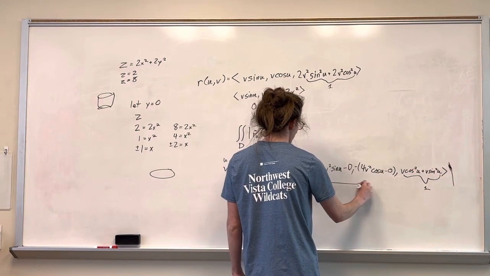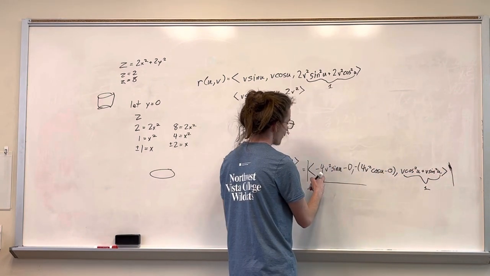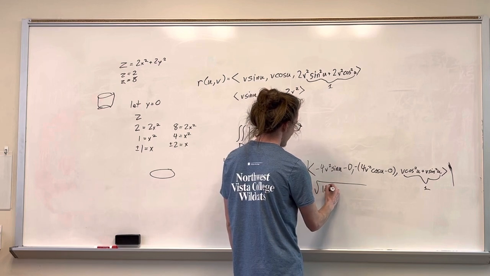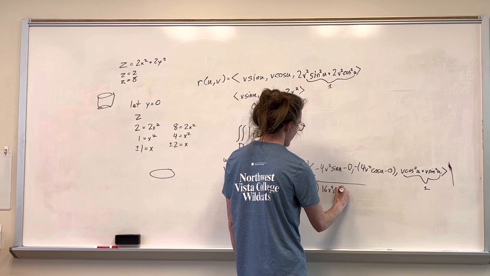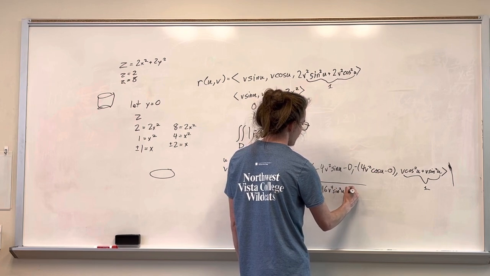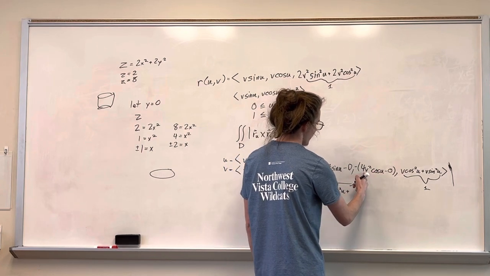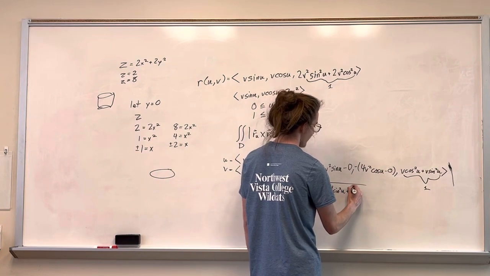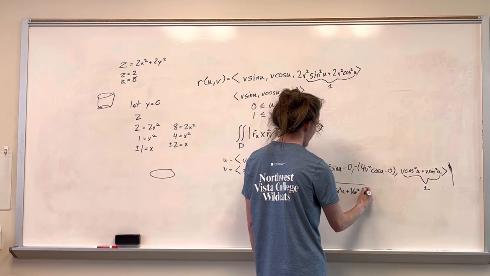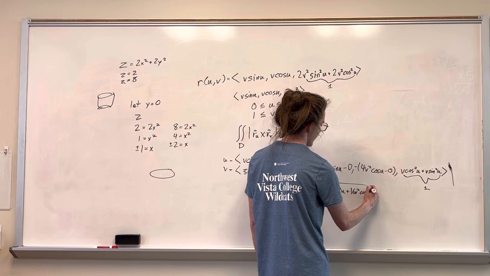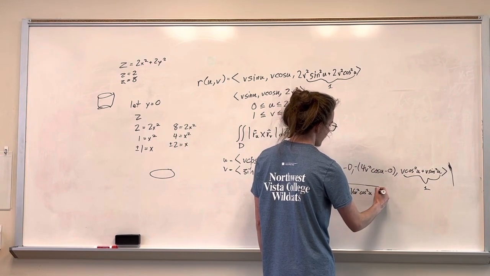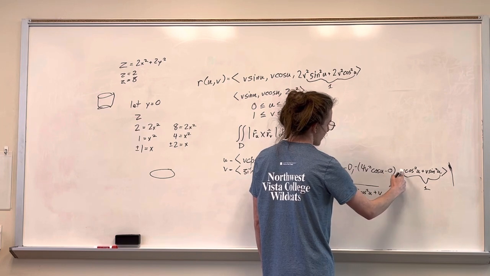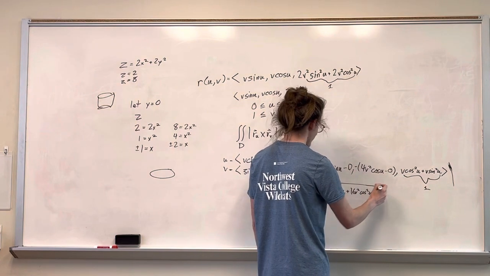So square root of 4 squared would be 16 v to the 4th sine squared u, plus, it looks like it repeats here, 16 v squared cosine squared u, and then that's a 1, so plus what's on the front, v.